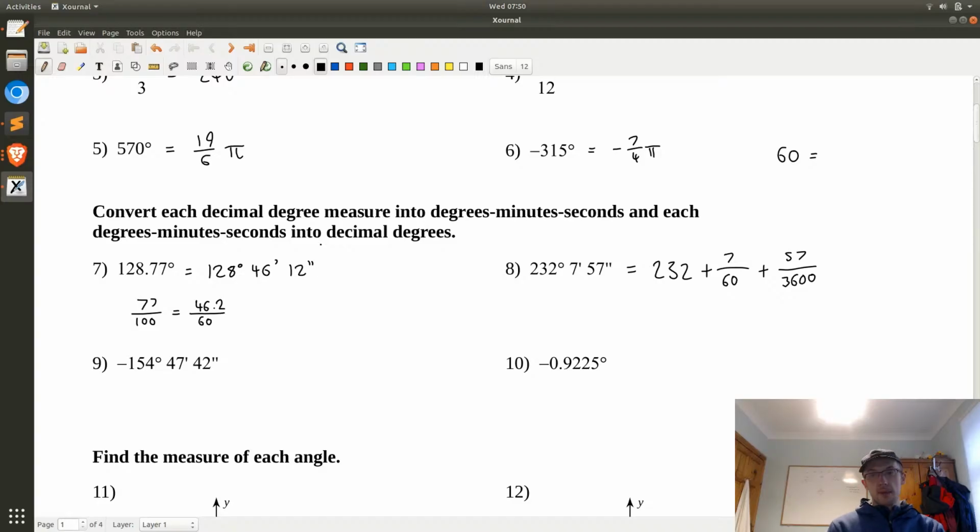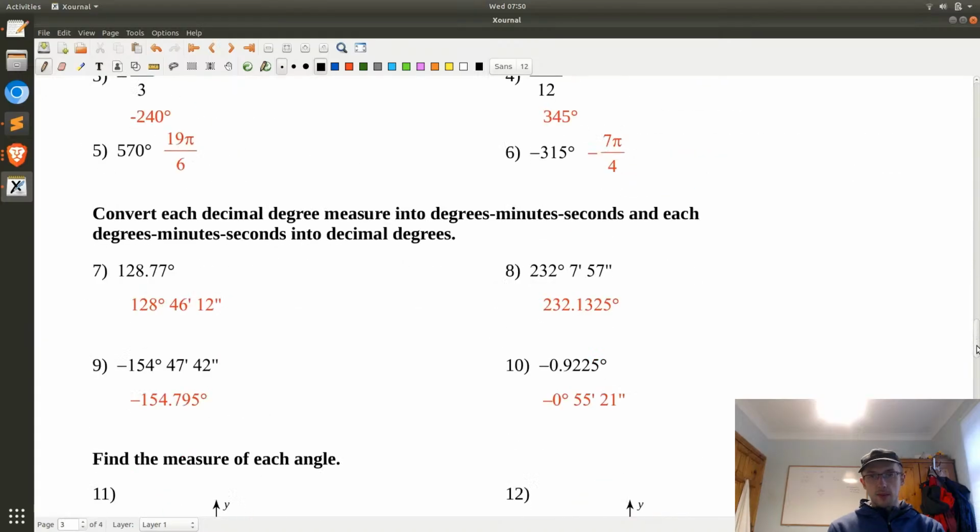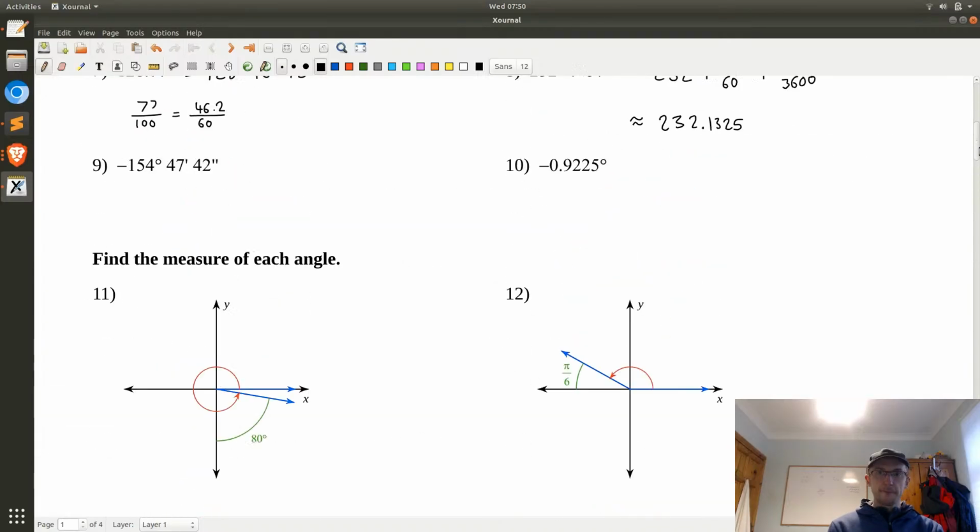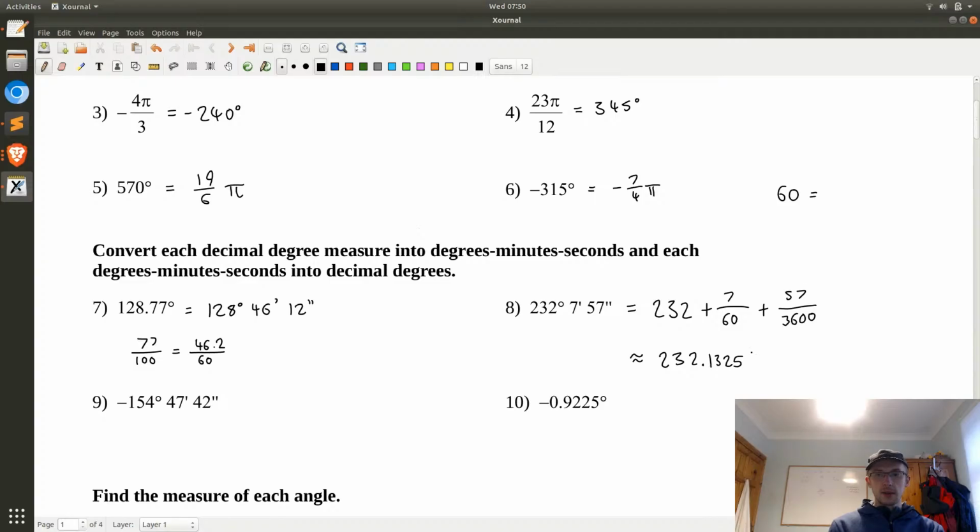So I evidently did that wrong. No problem. I just have to learn how to do it right. 232.1325. That's what they say. Okay. Good. We have it.